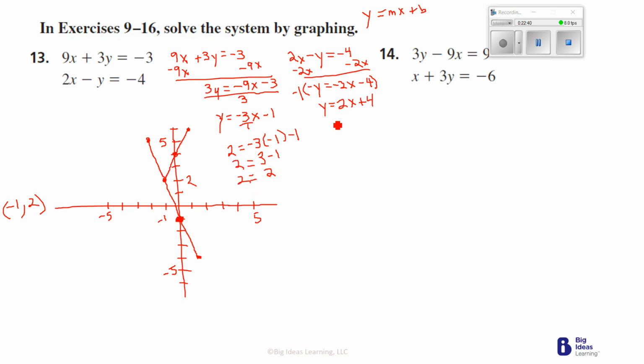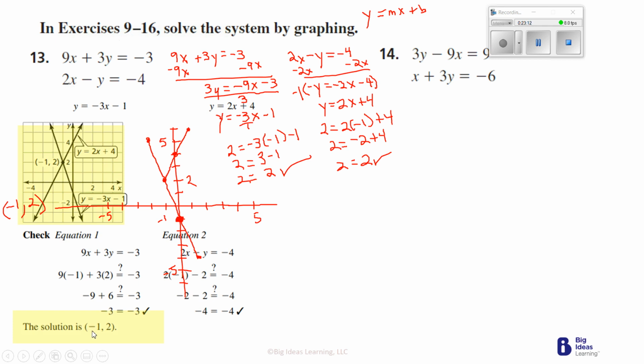Let's go to the next one. If y is 2 and x is -1, this is 2 times -1 plus 4. Well, 2 times -1 is -2. And -2 plus 4 is 2. And that works. So -1 and 2 will be my answer for 13. -1 and 2. And there's our checks, just like we did.